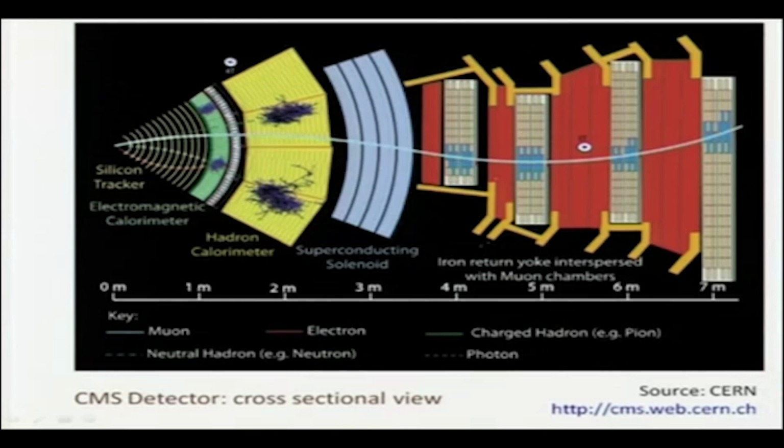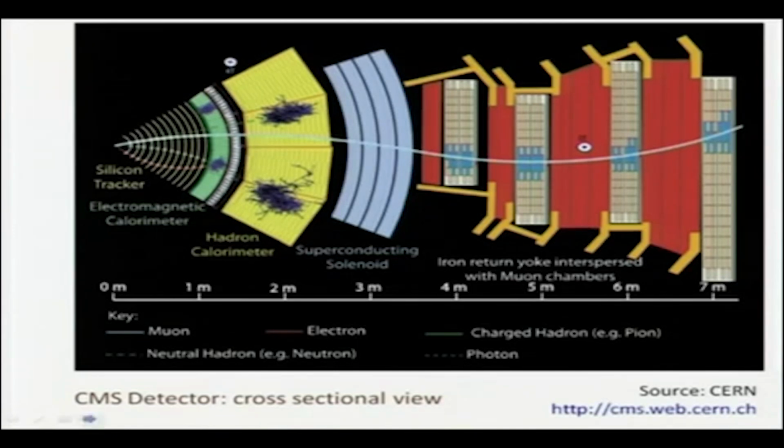There is another magnetic field kept there, which will bend the muons again, and then we can make sure that it is actually a charged particle, a muon, moving through in that way. These muon chambers are separated by iron sheets, which also absorb these muons quite a bit.